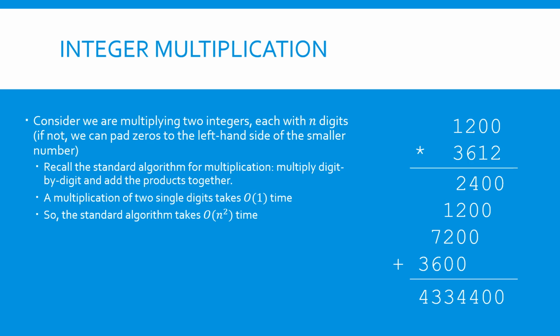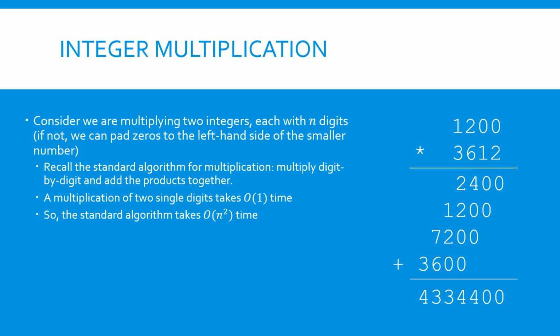The standard algorithm multiplies the integers digit by digit, shifts the intermediate products according to their significance, and then adds them together. During this process, every digit in the first integer is multiplied by every digit in the second integer. If we assume that there are n digits in each integer, the time complexity of the standard algorithm becomes O(n squared).